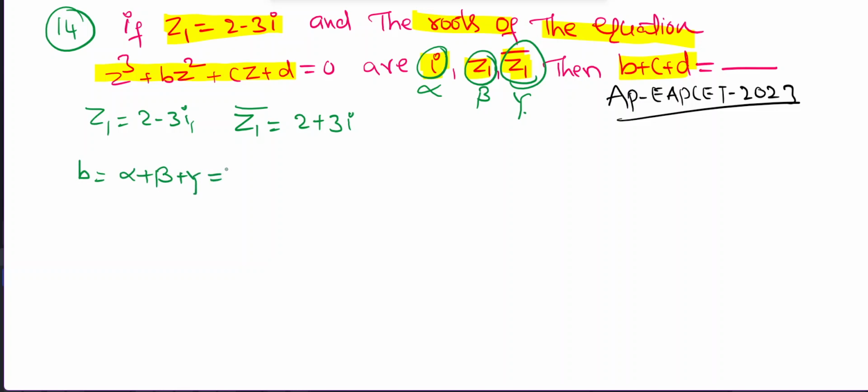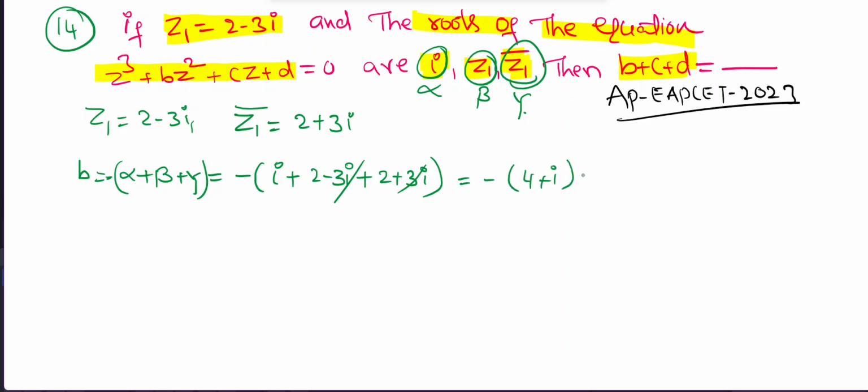So b is equal to minus of alpha, that is i, plus beta, 2 minus 3i, plus gamma, 2 plus 3i. Here 3i cancelled, that is 2 plus 2 is 4, plus i, that is equal to minus 4 minus i. This is the value of b.